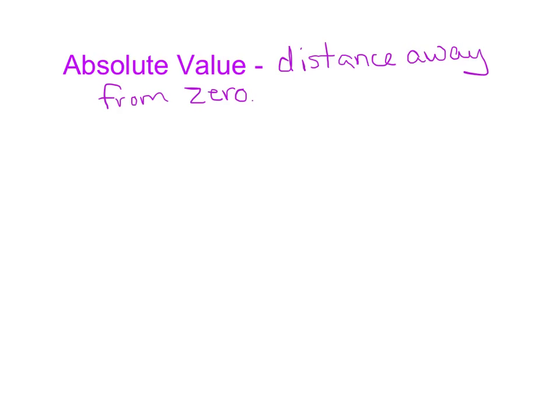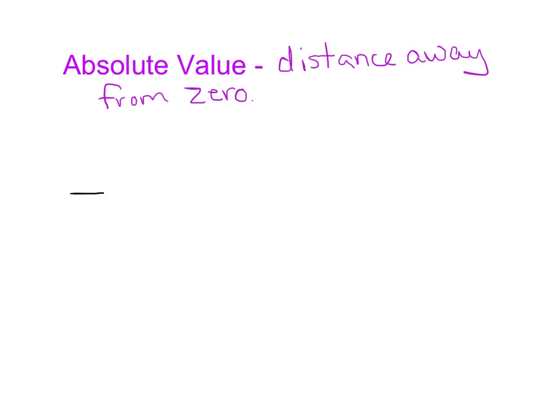Also, this whole idea of opposites also comes in handy when we start to talk about what the absolute value of a number is. And when we talk about what the absolute value of a number is, what we're really talking about is the distance away from 0. And this is a lot of times when we're looking at a number line.